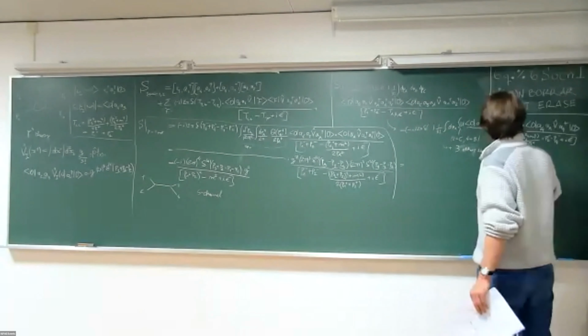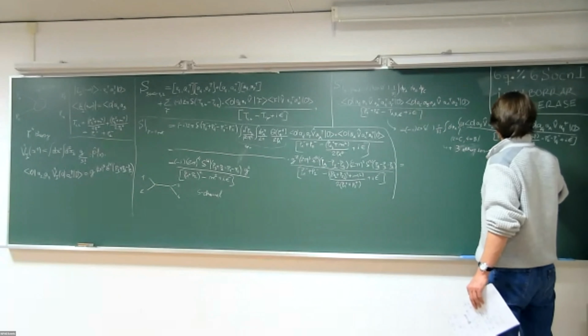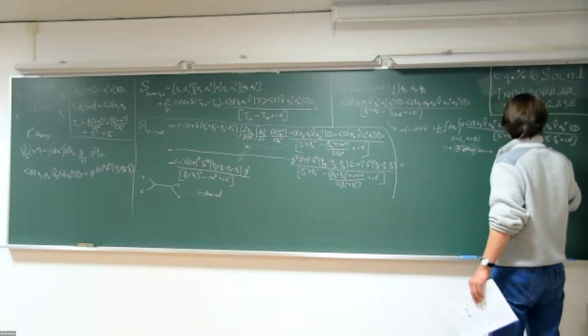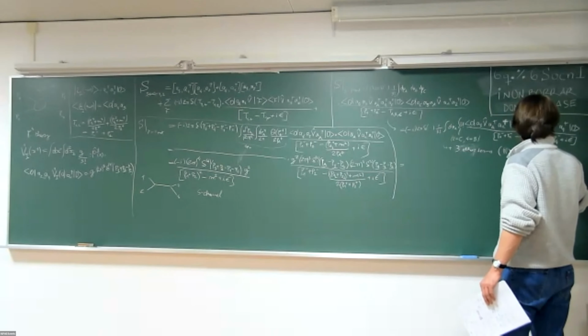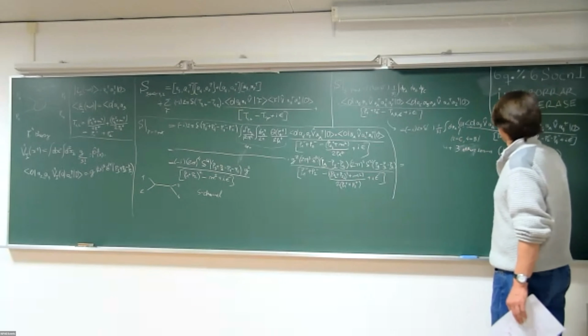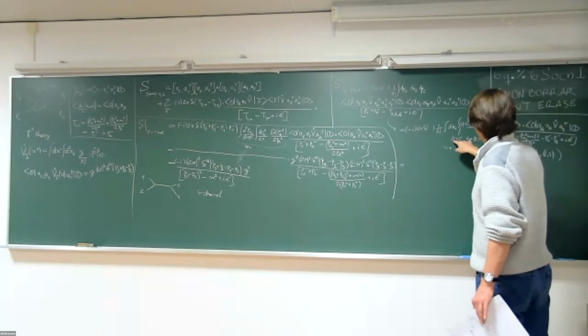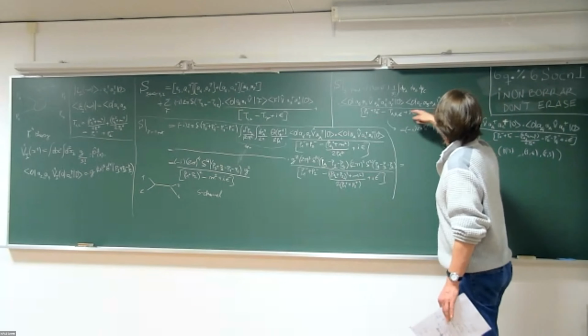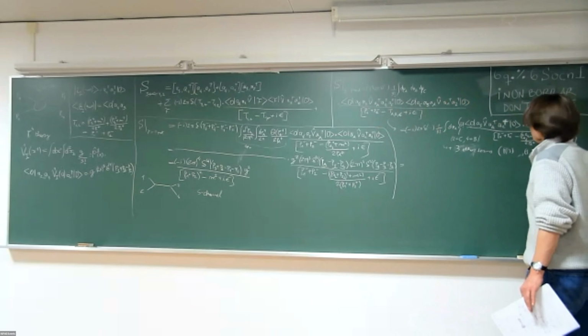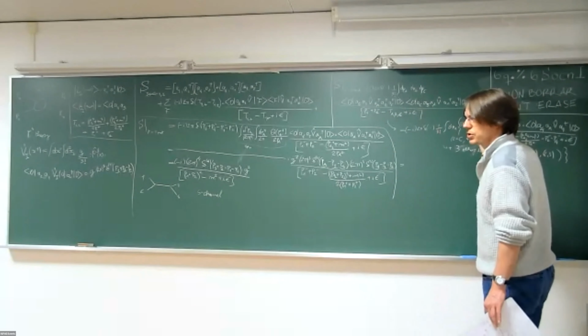So we have here either 1 and 3 as spectators, or we have 1 and 4, or we have... Yes, so here it was 2 and 4 which were spectators, so 2 here and 4 here, or we have this other check. And each time they come with a 3 factorial, which combine this.